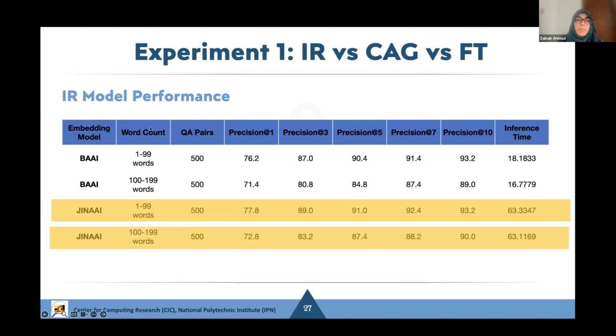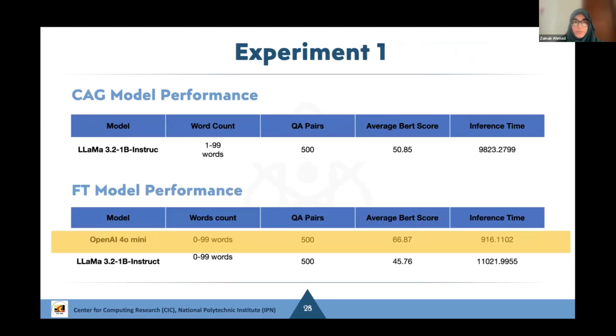Plus, we made windows of word count to see the variation of the system on varying text length. Then we have the precision from 1 to 10. As we can see, the best results for both word counts 1 to 99 for the shorter ones, and 100 to 199 words, are from JinaAI. So it outperformed the others.